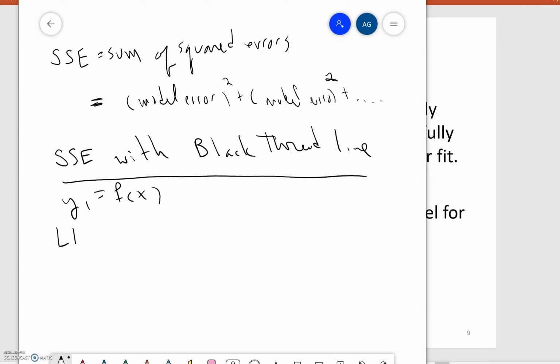You go to your calculator, and the first thing that you're going to do is in column L1 you're going to put in your x values or your t values, your inputs.